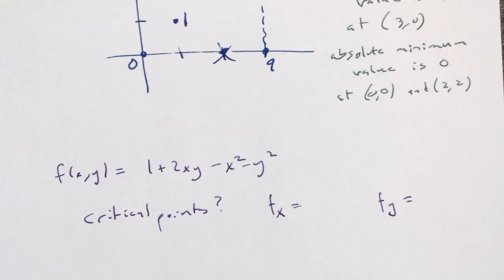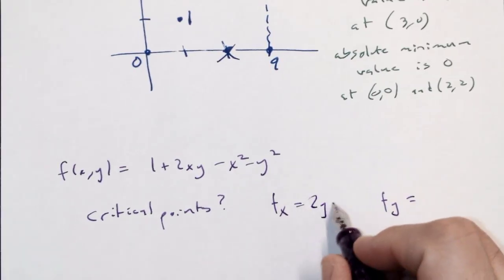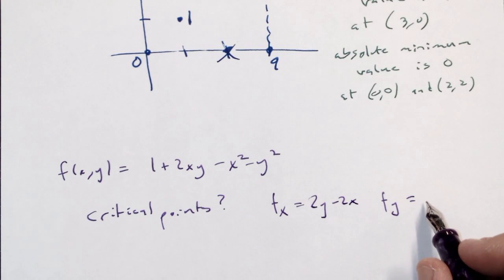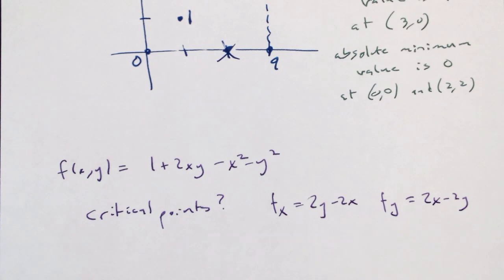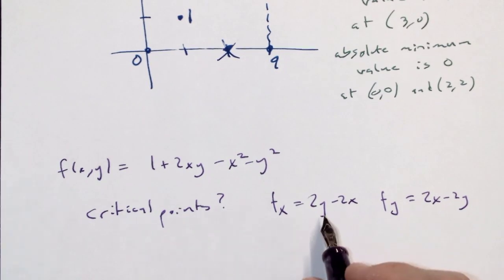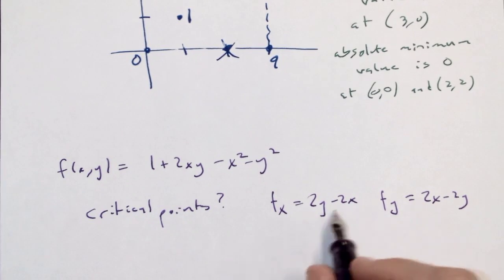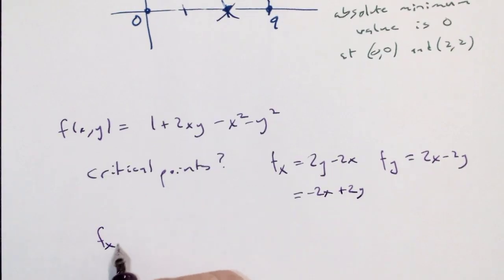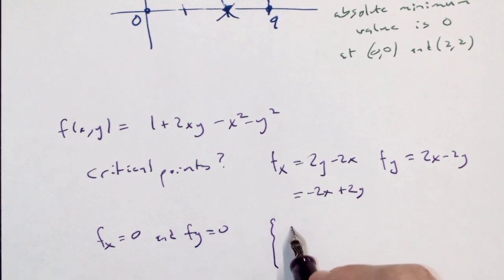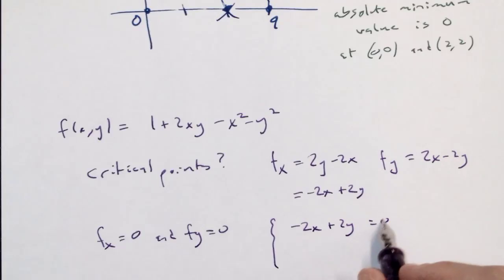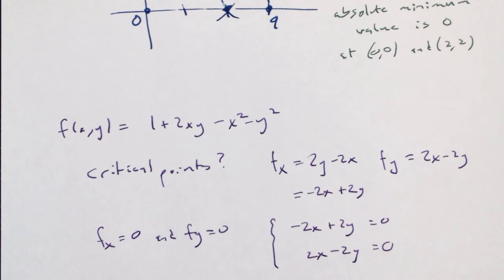Partial with respect to x. Partial with respect to y. I need to set both of these to 0, right? So I'm going to rewrite one of these to switch the order. I'll rewrite fx as minus 2x plus 2y. But if I set fx equal to 0 and fy equal to 0, then I get the simultaneous equations that look like that.